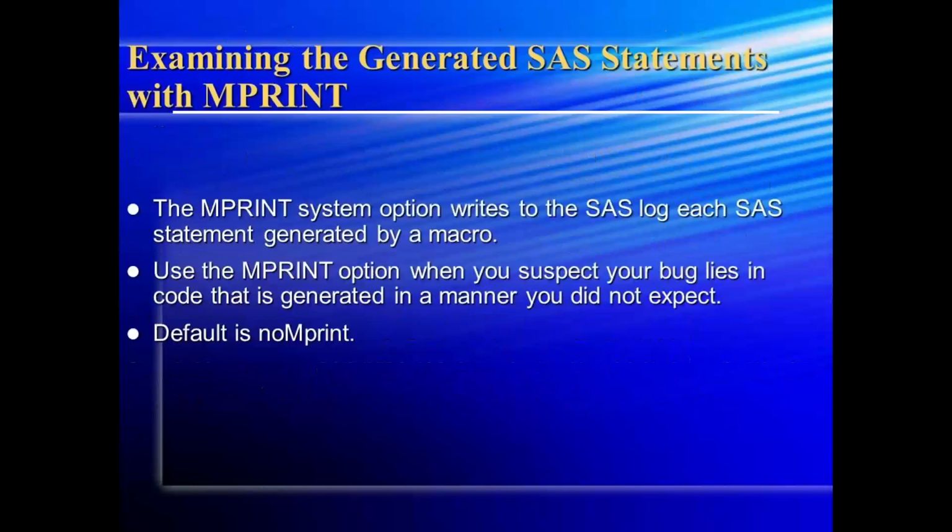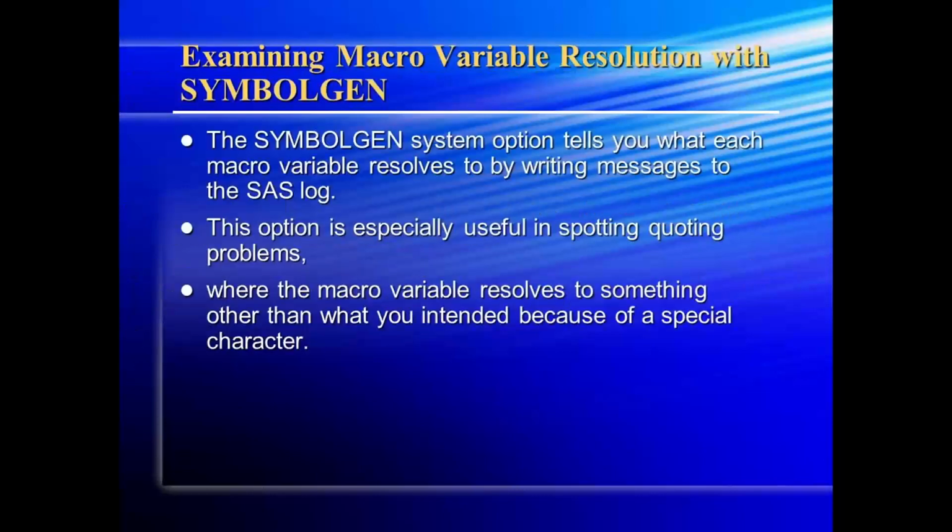Similarly, the other option called mprint will check all the printing to your log window, converting into the standard SAS statements. One other is symbolgen, which checks whether symbols are properly resolved or not. For example, if I say i asterisk 2, where i value is 2, what is it resolved to?